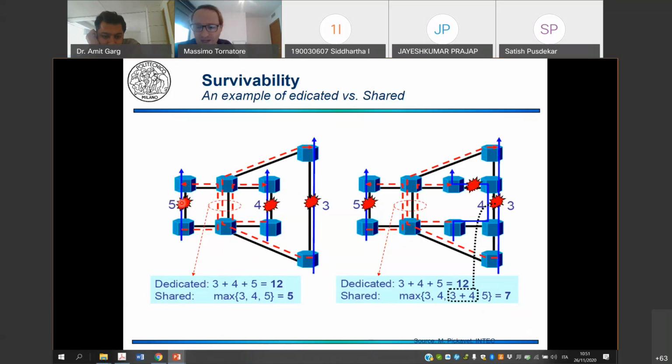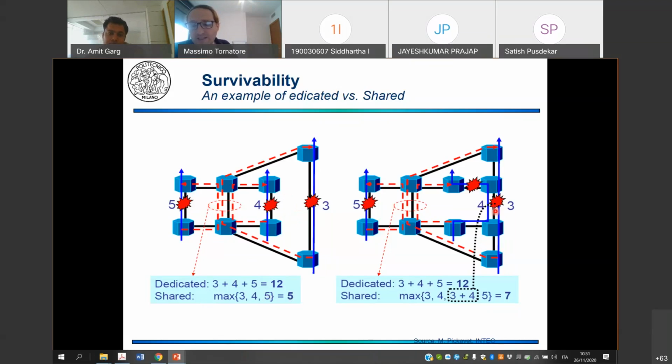I need 5 units to protect this one, 4 units to protect this one, and 3 units to protect this one. So 3 plus 4 plus 5, 12. In shared protection, I just need to take the maximum among the 3, because the 3 blue connections are link disjoint. Okay, they don't fail together. So I'm going to put on this path only 5 units of capacity.